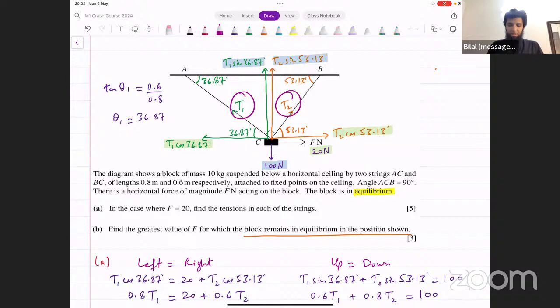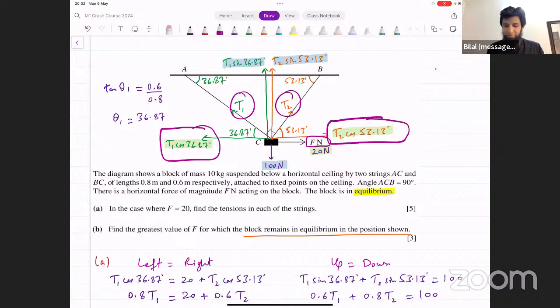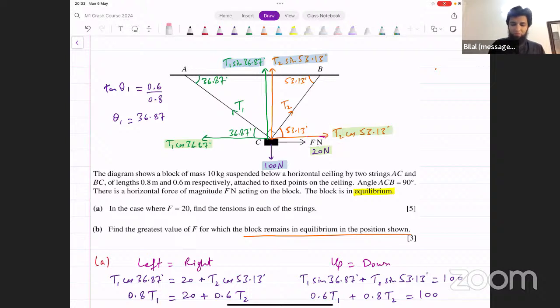T1 and T2. Now on the left side, we only have a component of T1 acting. On the right side, we have one force F and another force T2 cos 53.13. Now, if T1 was equal to zero, we would have no force acting on the left side. If there's no force acting on the left side, what is going to counter this force F? No force can counter that, right?